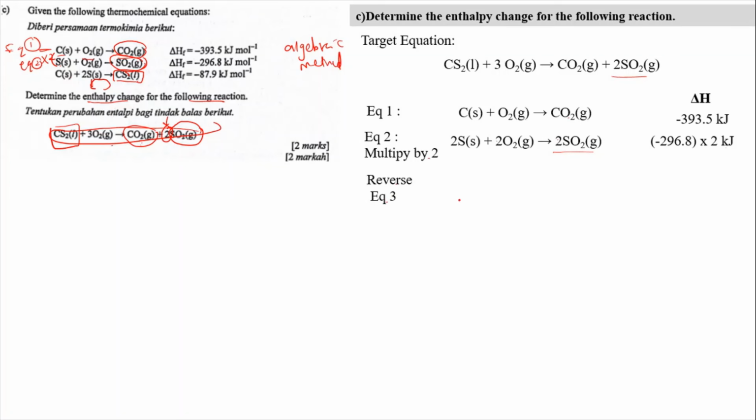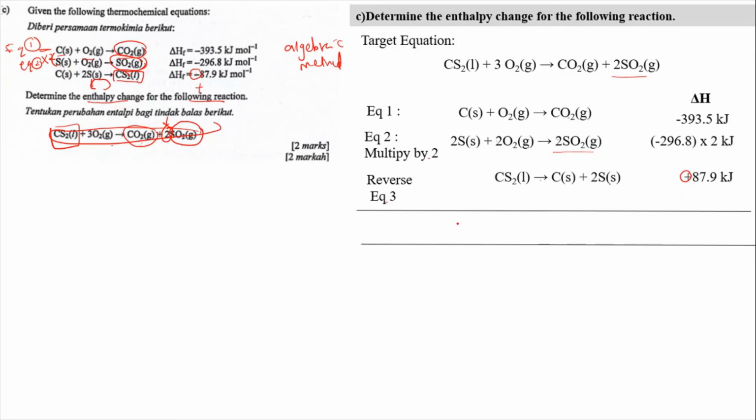So what I'm gonna get is CS2L produces carbon and 2 mole of sulfur. And then because I reverse the equation, my negative will become positive because I'm going to reverse the sign. Okay, so it's going to become positive 87.9 kilojoule.